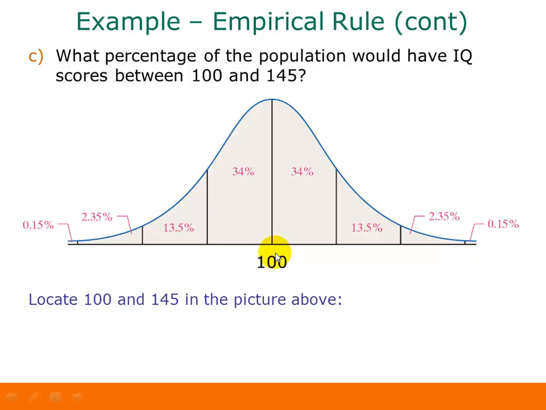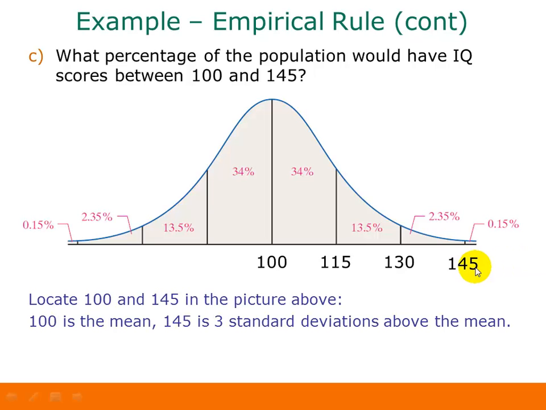And then for the 145, we need to know how many standard deviations above the mean that is. So if we go up by one standard deviation, we get to 115, then to 130, and finally to 145. So 100 was our mean, and 145 is 3 standard deviations above the mean.